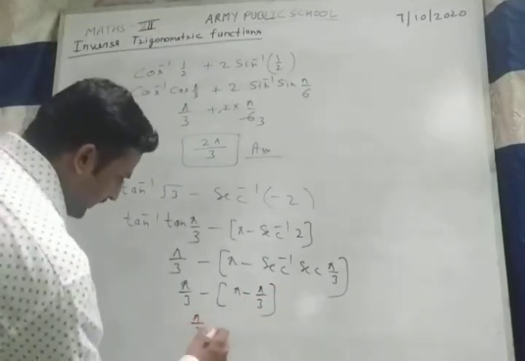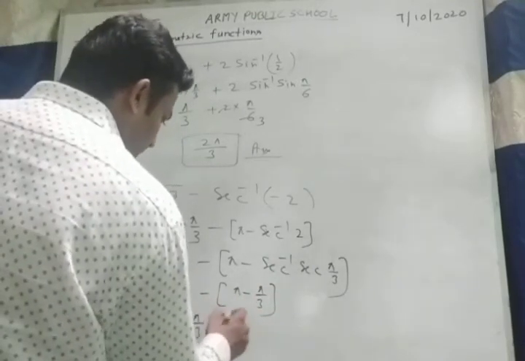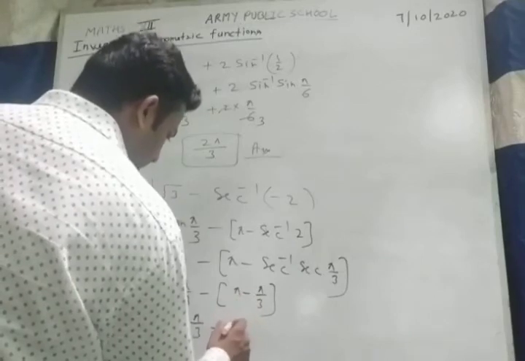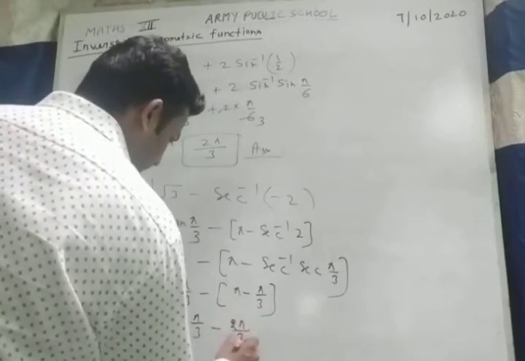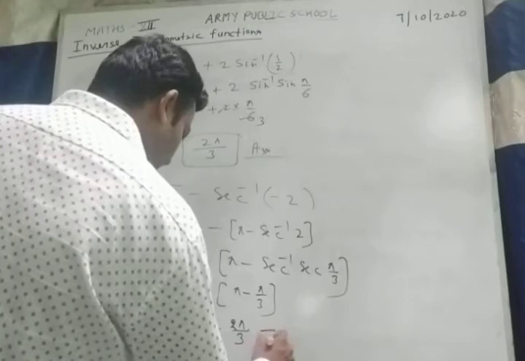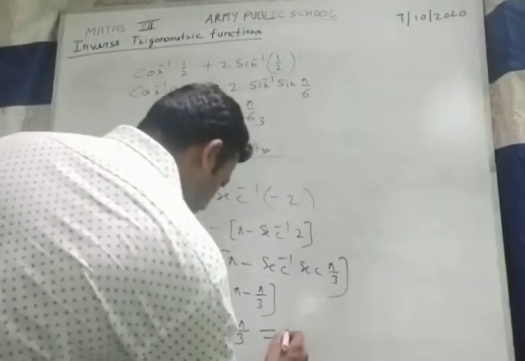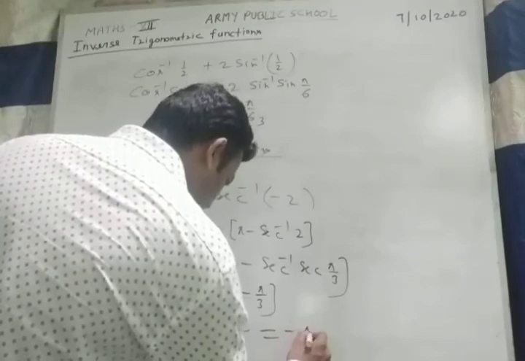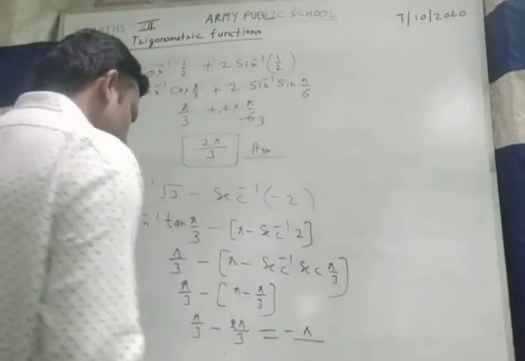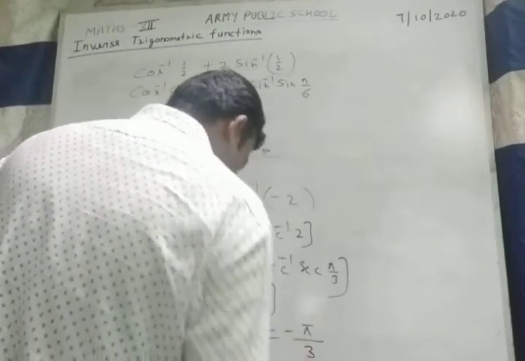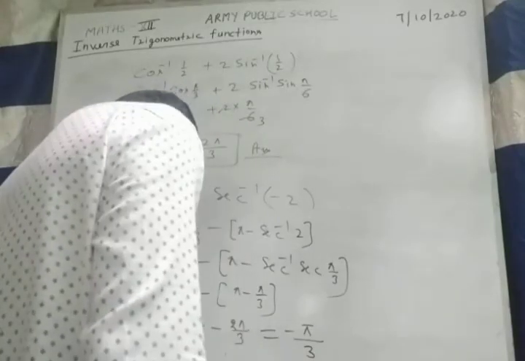After solving, 3 pi minus pi, 2 pi by 3, after solving it we get minus pi by 3. This will be our required answer.